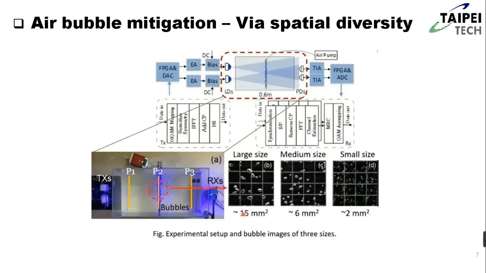Recently, using spatial diversity with 2x2 MIMO systems to mitigate bubble impairments was proposed. The effects of bubbles with different sizes and different positions are categorized. P1, P2, P3, and repetition coding and maximum ratio combining are used in the experiments.